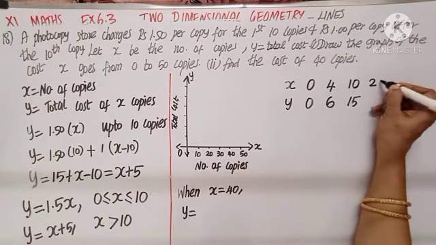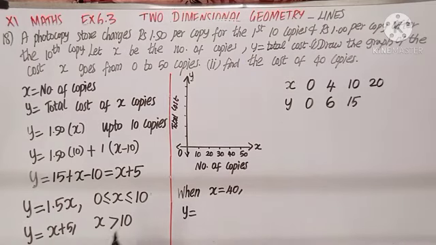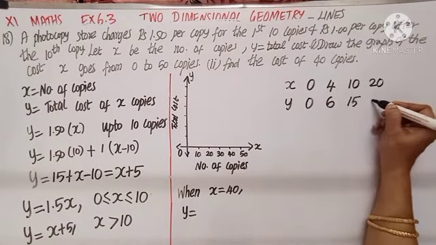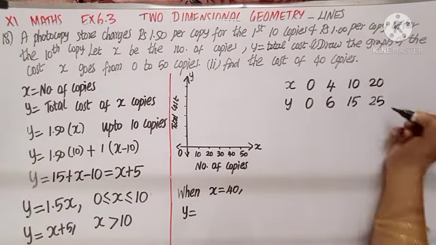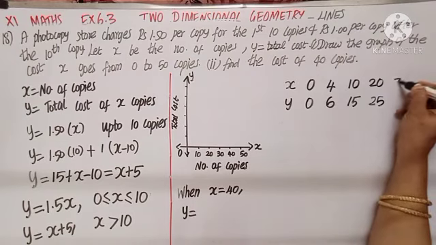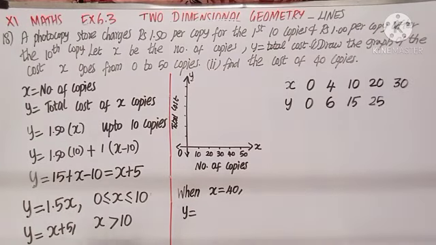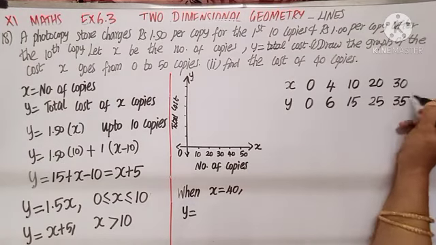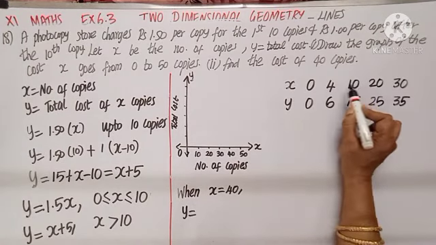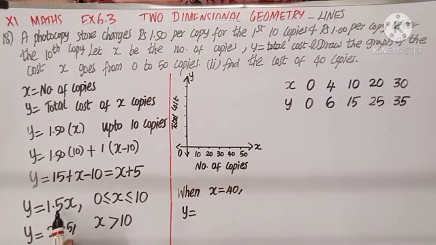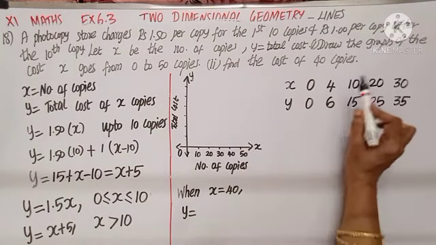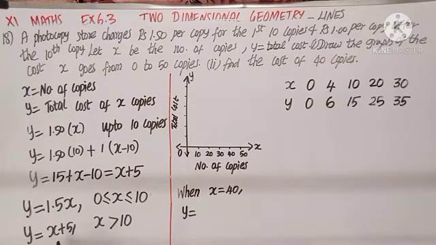Put X is 20, 20 comes here, so it will be 20 plus 5, my answer is 25. When X is 30, I get 30 plus 5, that is 35. So when X is 10 or below, substitute here. When X is more than 10, substitute here.